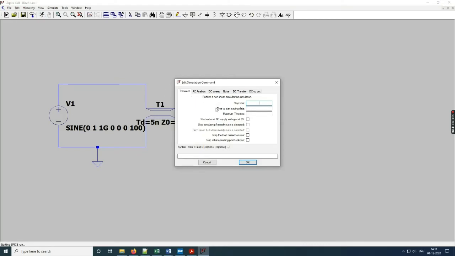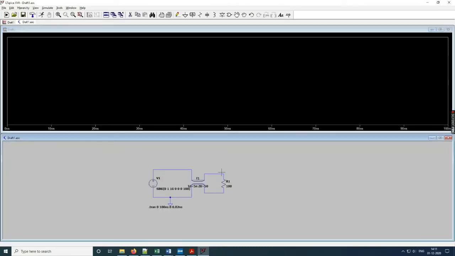In the transient analysis, let us say I want to stop this at 100 nanoseconds, and the start time is 0, and let me specify a time step of 0.02 nanoseconds. And yeah, let's be ready with this. So now let me see what is the voltage across the load.